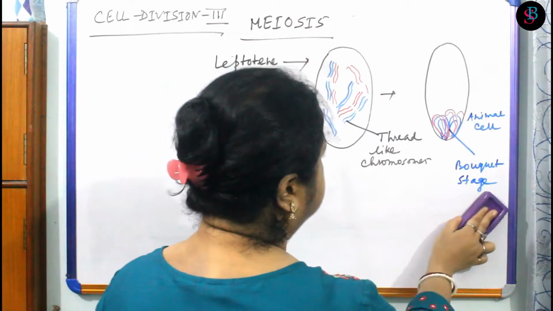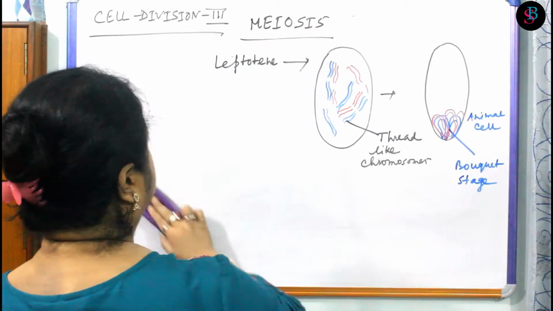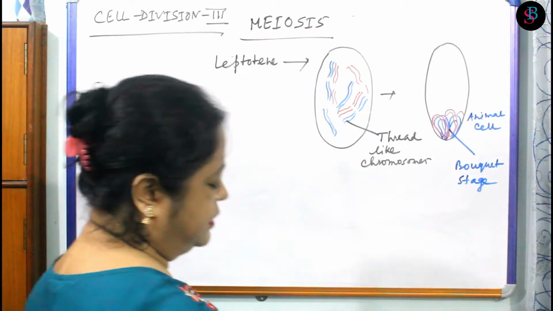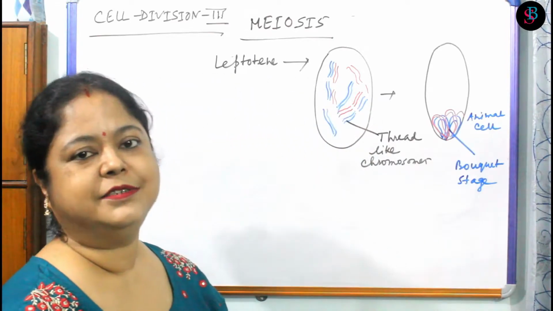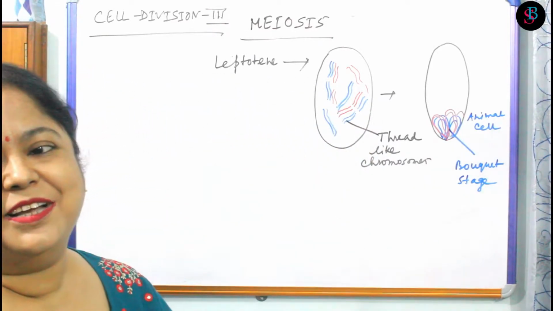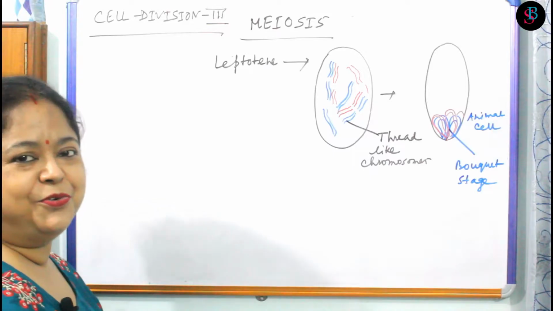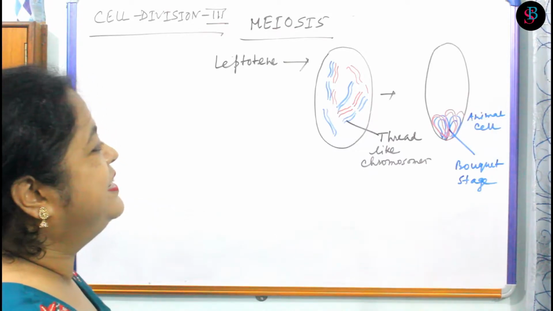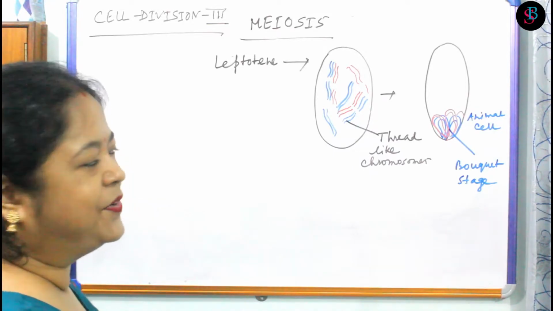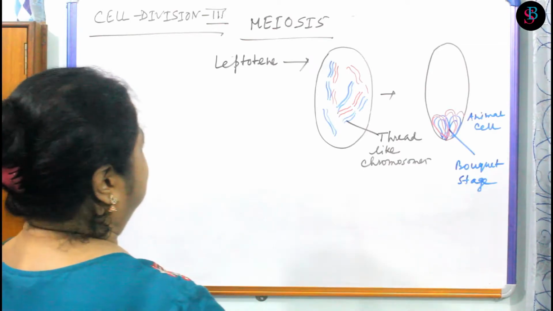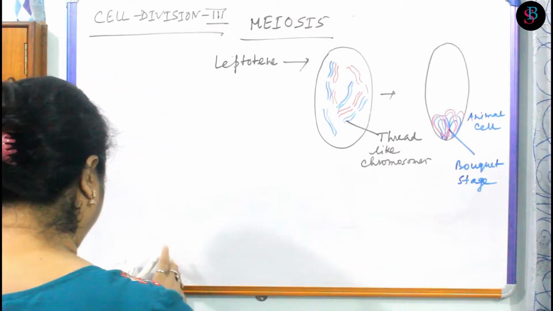You are not present in front of me, so I am giving the question and the answer also. But if you were in front of me, then I could ask you in this way, no? Okay, then next is Zygotene.